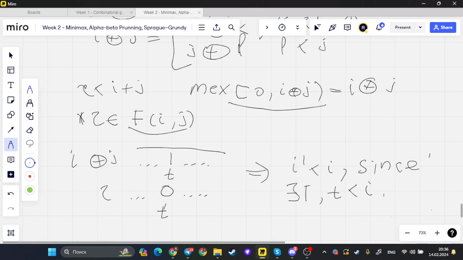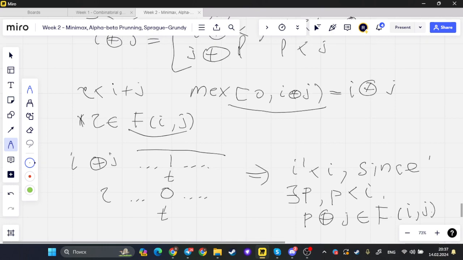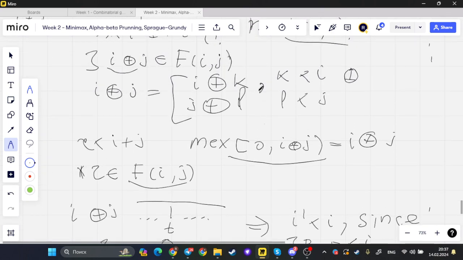How can we define it? P. Okay, we have P. Since we have P, P plus G belongs to F, because we built the set like this.